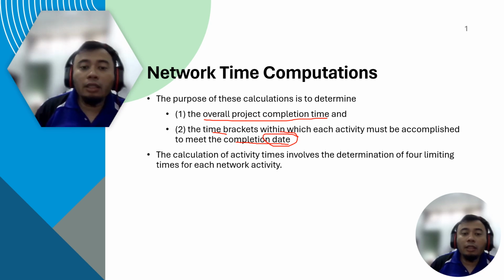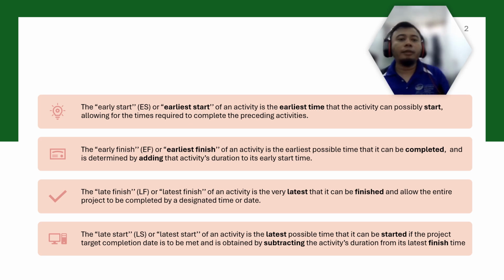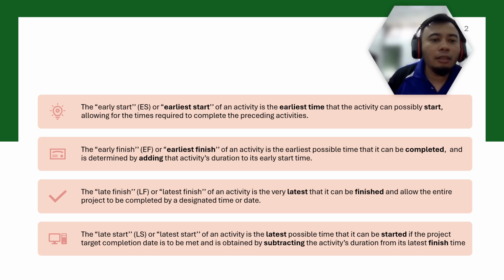So the calculation of each activity's times involves the determination of limiting times for each network activity. These are the limiting times that you consider. The first is the early start, the earliest start, the soonest you can start.